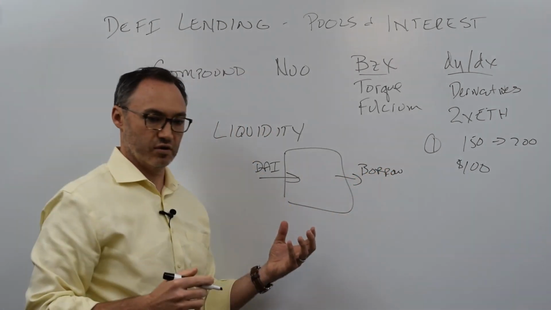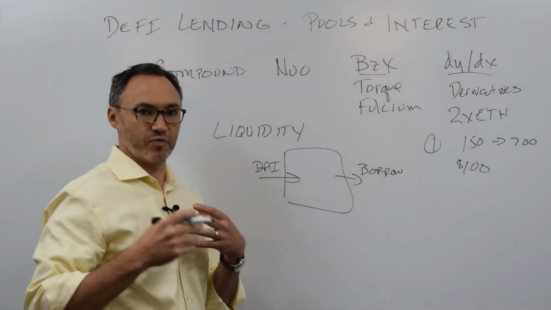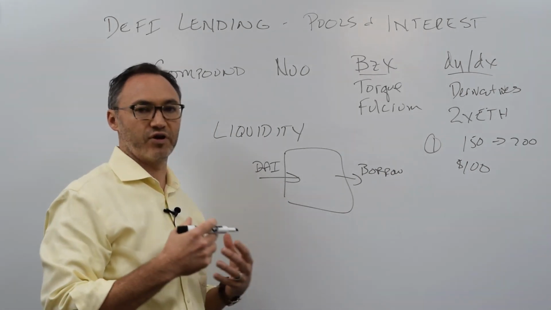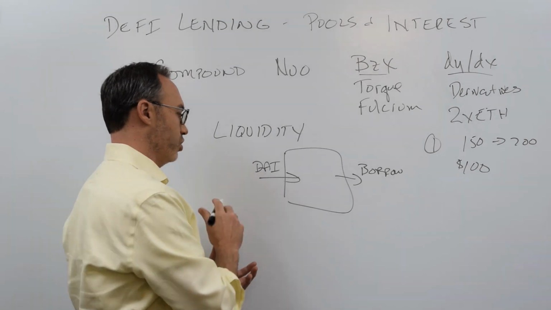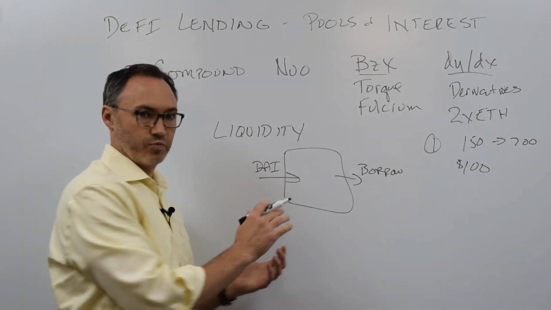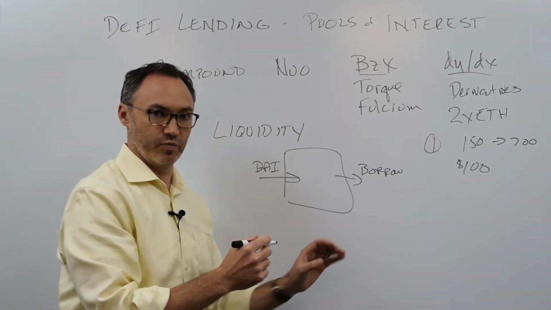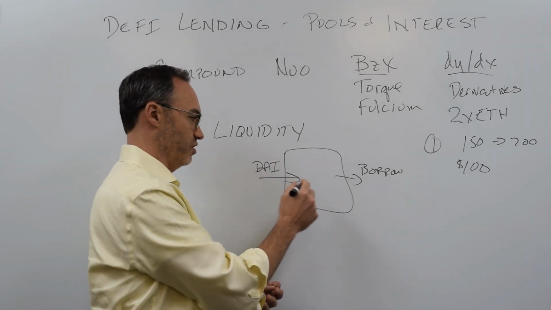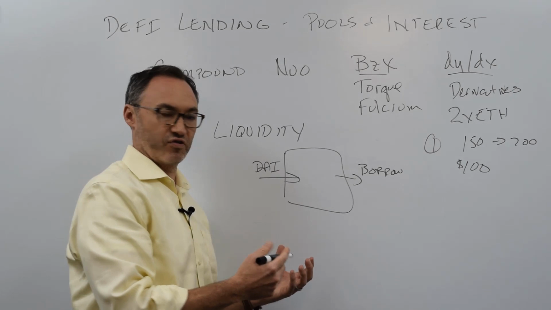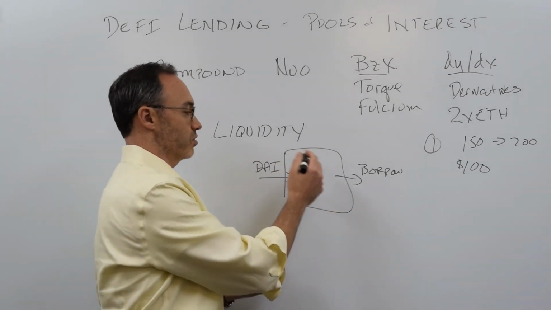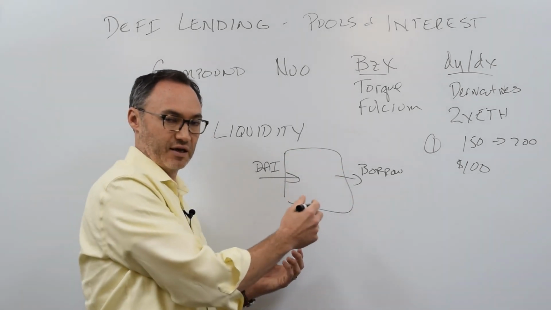If we talk about DEXs like Kyber Network or IDEX in other videos, when you are a liquidity provider, I'm providing this DAI in here so that these other people can borrow. So that is the liquidity right there. So this becomes a liquidity pool or, in this case, a lending pool.